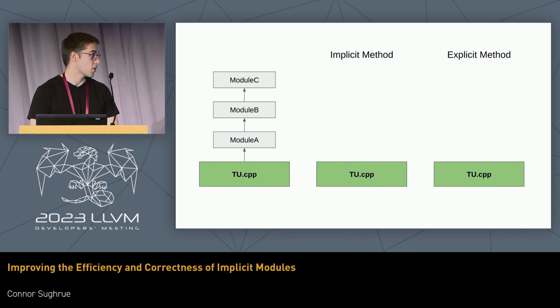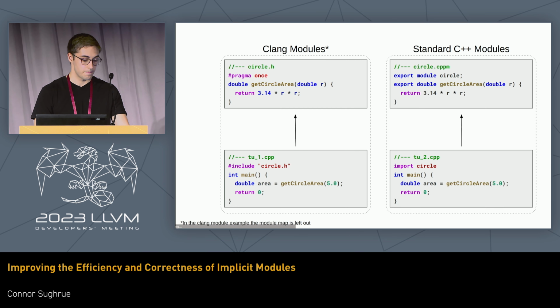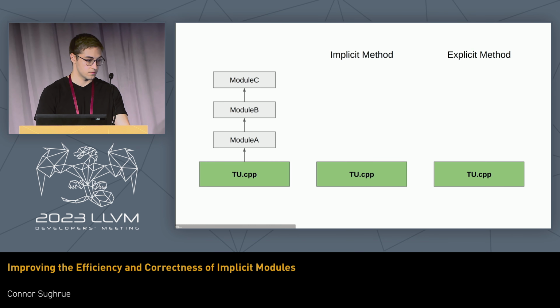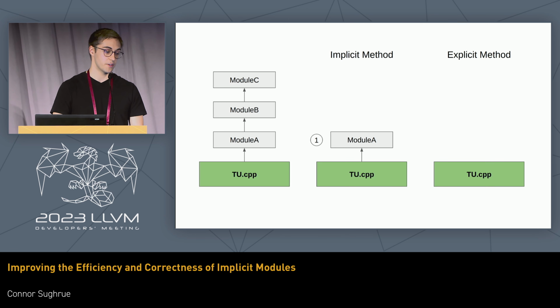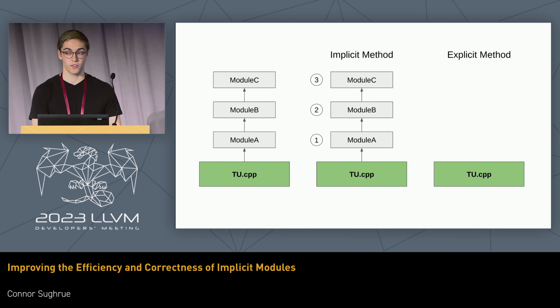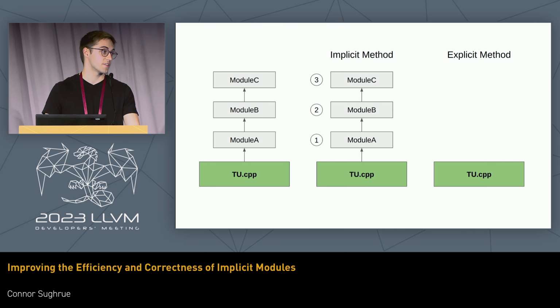So for example, we have a project here that starts with tu.cpp, which depends on module A, which depends on module B, and module B depends on module C. With the implicit method, the compiler begins building tu.cpp and encounters an import for module A. The compiler then goes to build module A and encounters an import for module B. This continues until the compiler finally reaches the leaf node of the dependency graph, where it finishes building the module, where it becomes available to its predecessor.